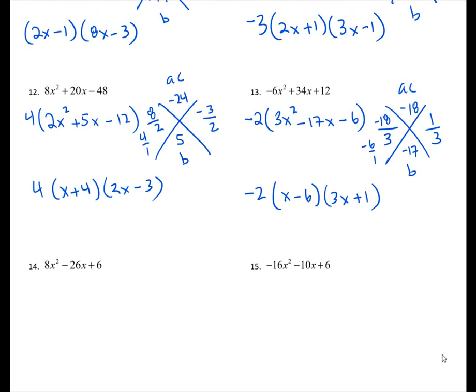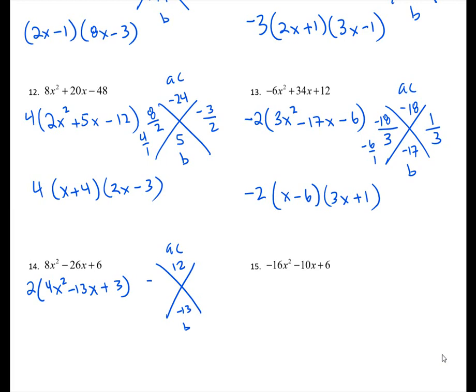Let's try the last two. So GCF, looks like I can take out a positive 2. Get 4x squared minus 13x plus 3. A times c, that's going to give me 12. I'm trying to get a negative 13, that's the b.